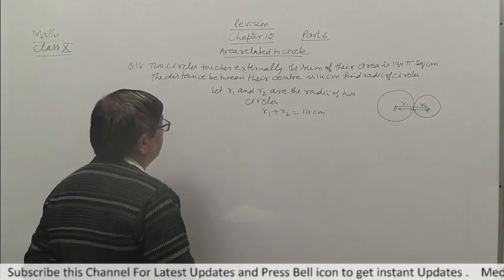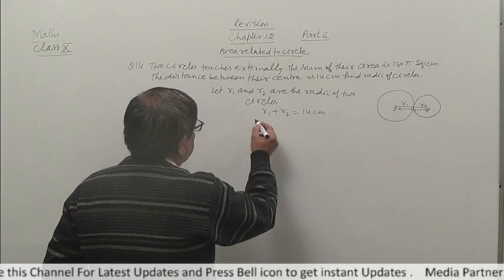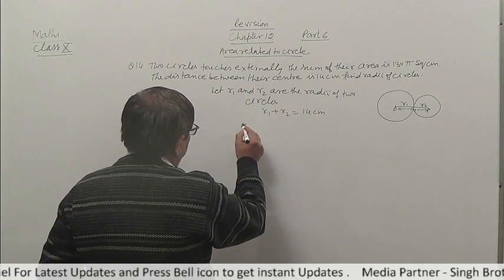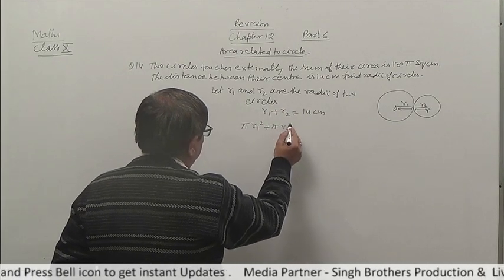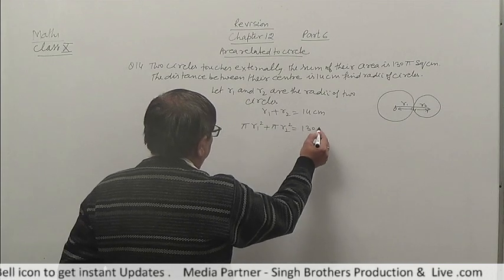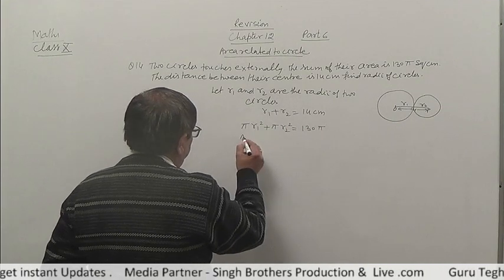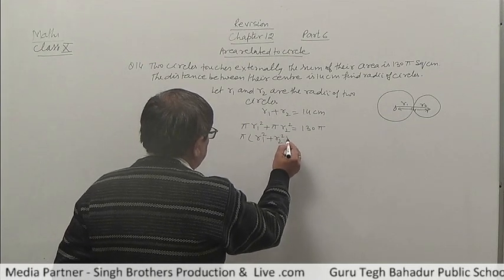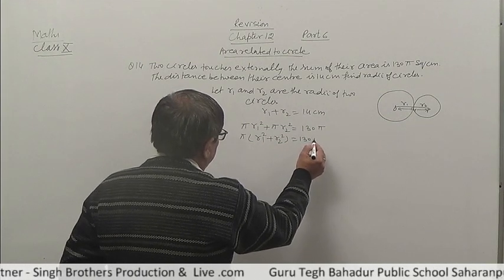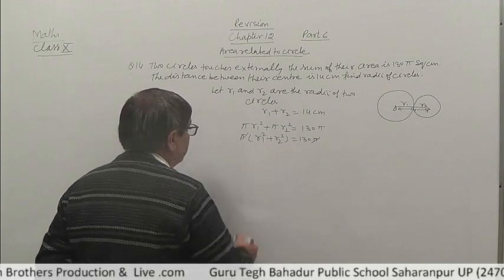Sum of their areas, that is pi R1 square plus pi R2 square is 135. Taking pi common, R1 square plus R2 square is 135. Pi and pi cancel.